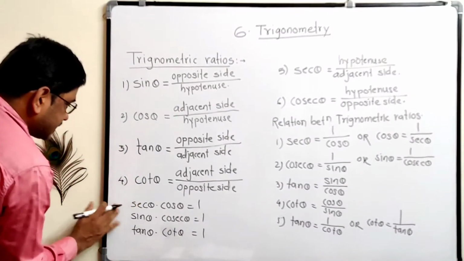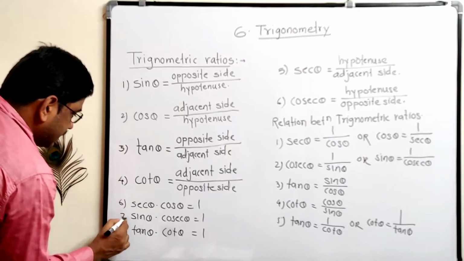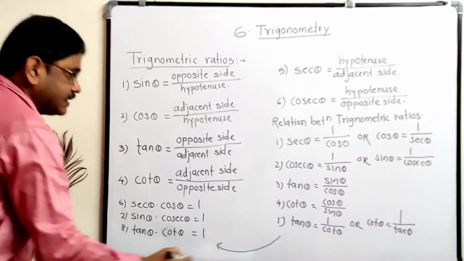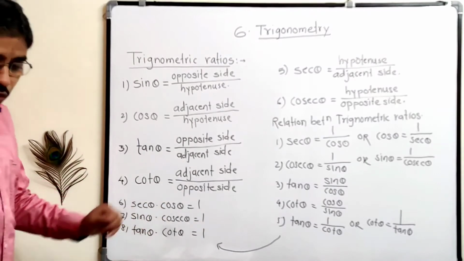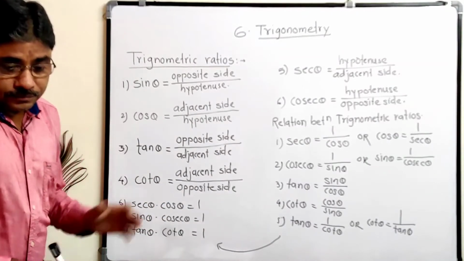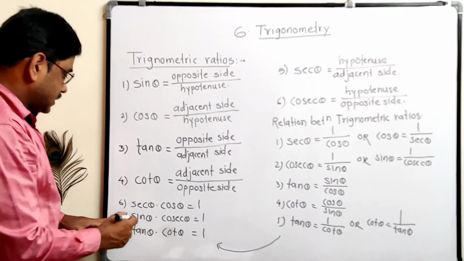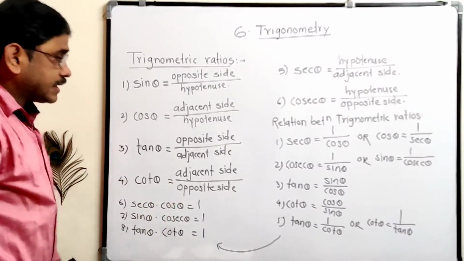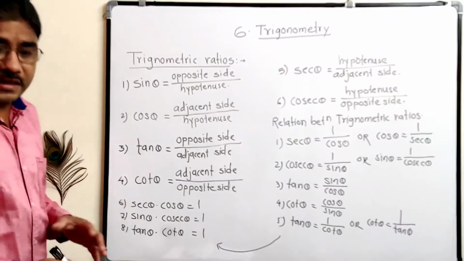So let it be 6, 7 and 8. After this we have to write this. So sec theta into cos theta, we get 1. Sin theta into cosec theta is 1, tan theta into cot theta is 1. So these are some trigonometric relations.